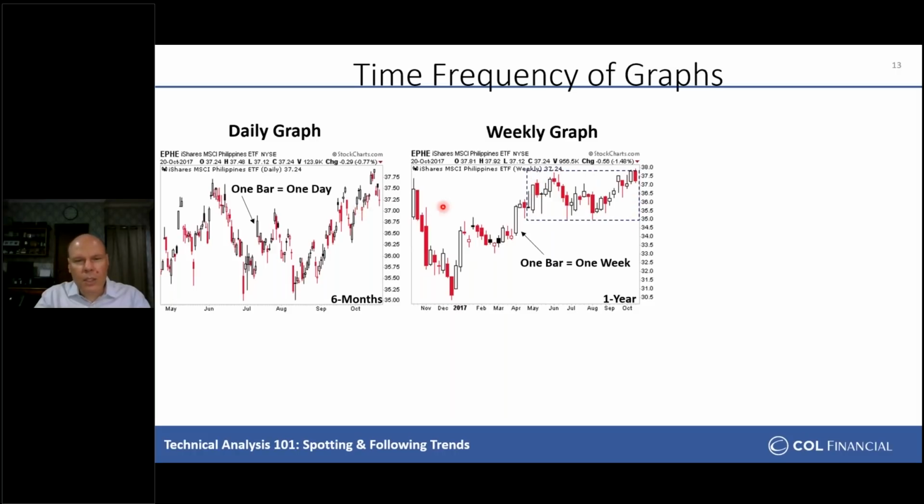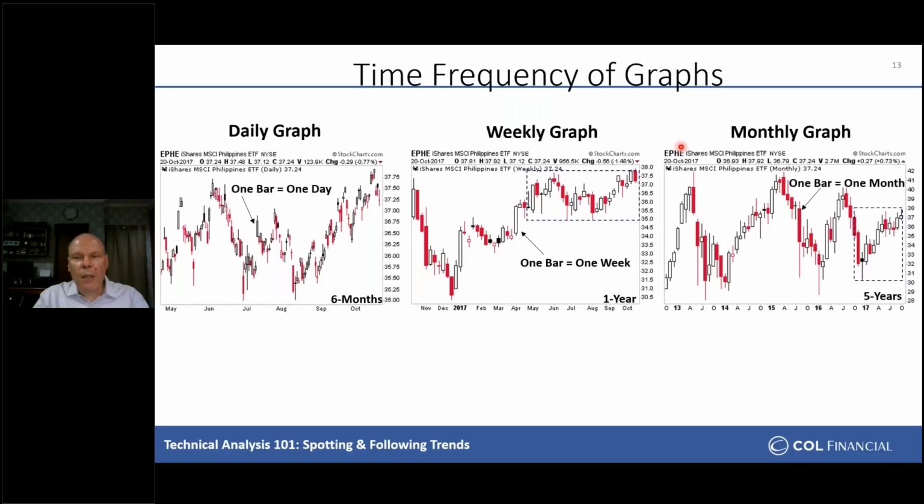So this is just a blow-up version of this. And in fact, you can even look at a bigger graph called the monthly graph, where one bar equals one month of duration. And so this dotted line that you see here is actually this entire graph that you see here in the weekly graph. And this is just a small fraction of what you're looking at in there.